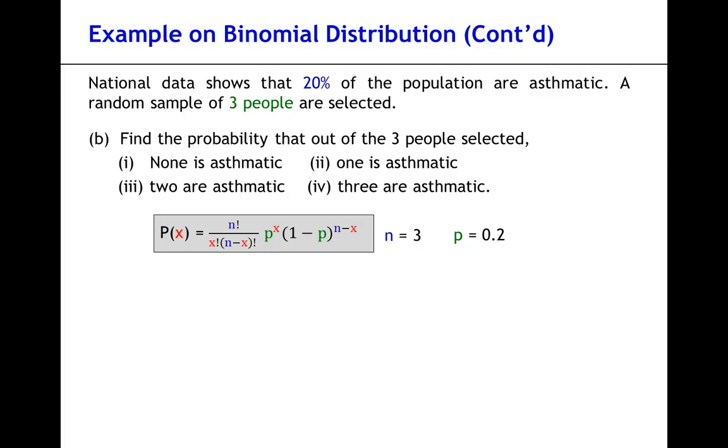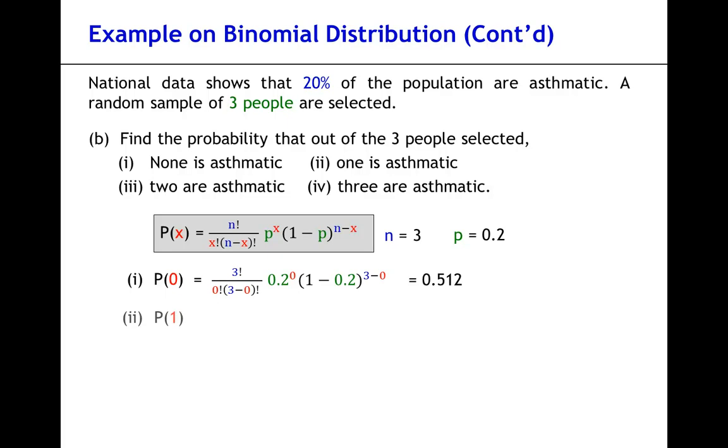For part 1, the probability that none is asthmatic means that we want p of x equal to 0. Using this formula, change all the p's to 0.2, all the n's to 3, and all the x's to 0, to get the answer as 0.512.